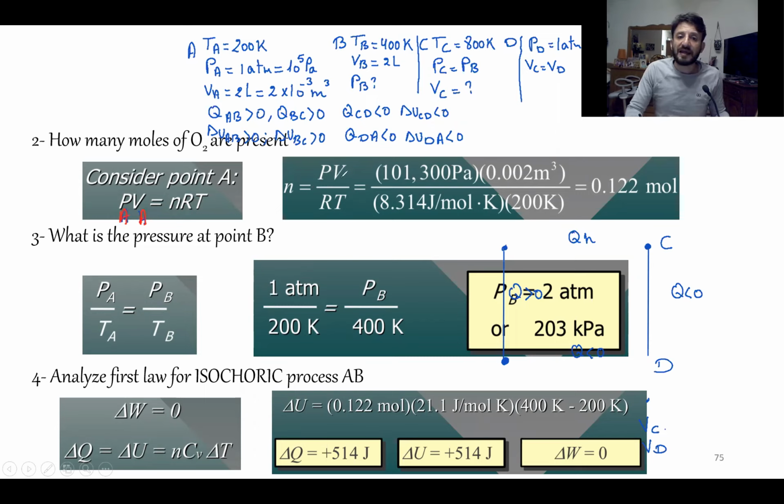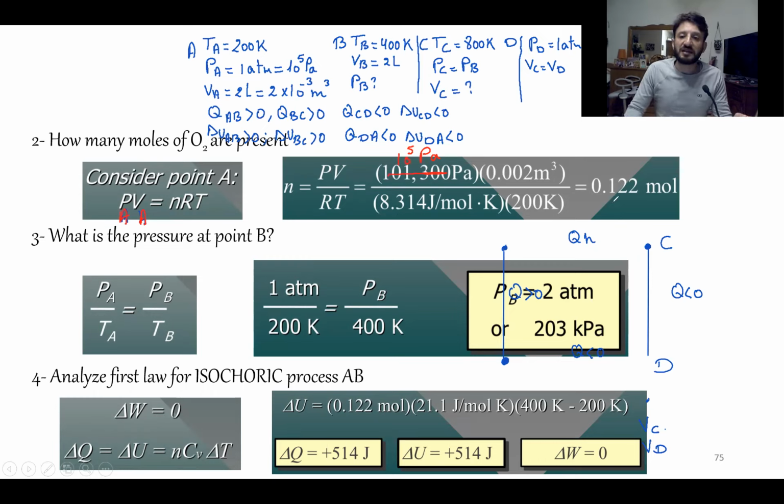You know, P equals 1 atm. You can say 1 atm or 10 power 5 Pascal. Okay, times V equals 2 times 10 power minus 3 meter cube, R equals 8.3, and T equals 200.